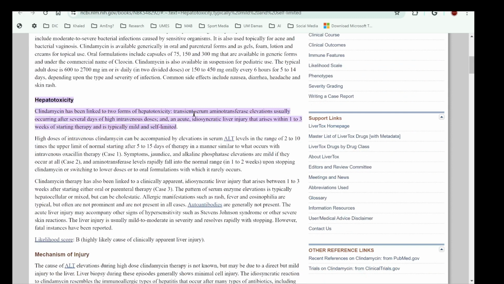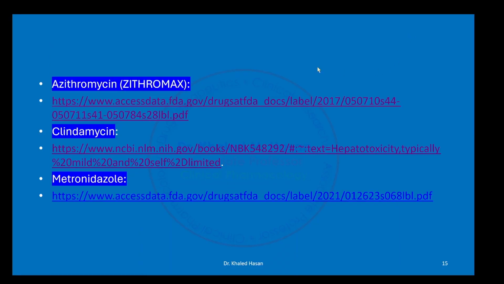The first type is related to an elevated level of liver enzymes occurring during several days of treatment. The other is acute idiosyncratic injury. As you can see, most of the information on the slide comes from articles and journals, and we have supporting references. It is very important to cite and bring references for your citations.